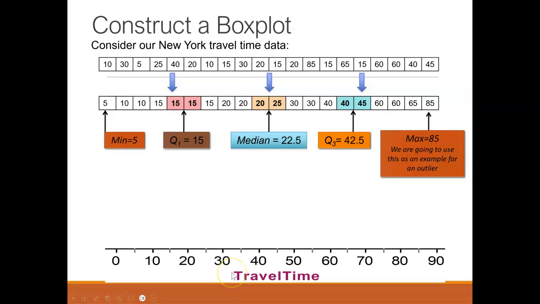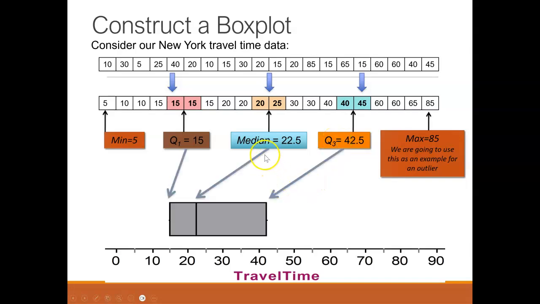Probably should have this in minutes or something. Giving a unit on that too would be better. So I'm going to draw my box. It's going to start at 15 and end at 42.5. And then at the median, 22.5, I'm going to have a second line. So there's the box.